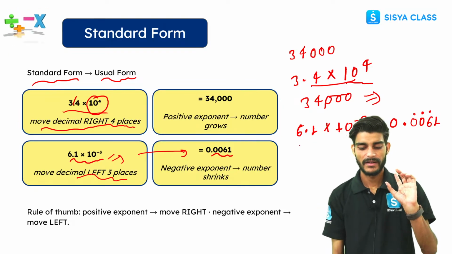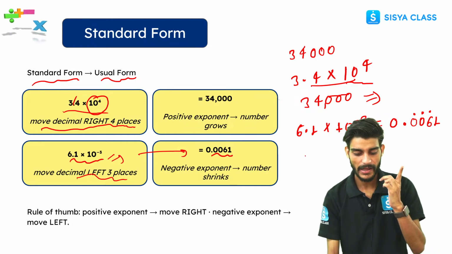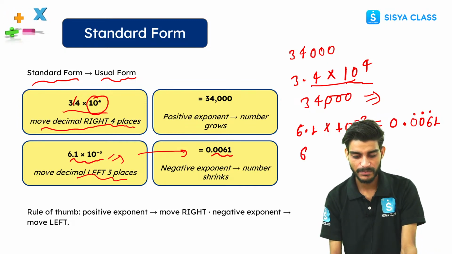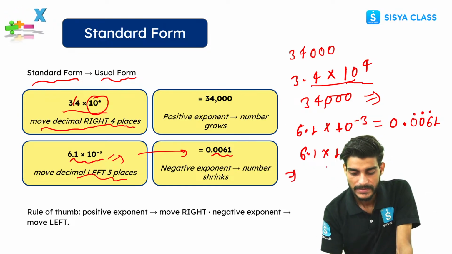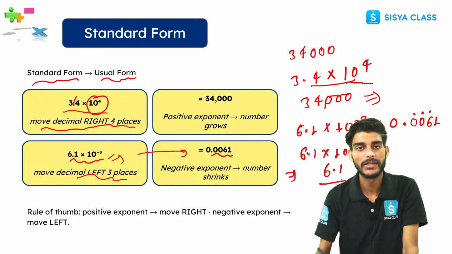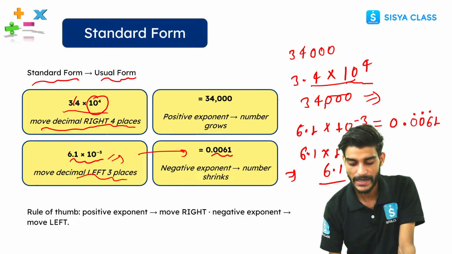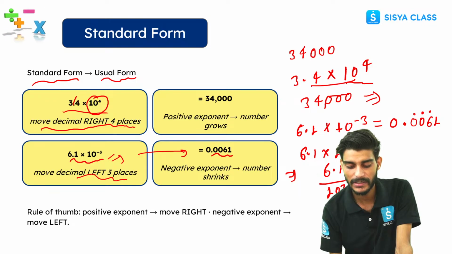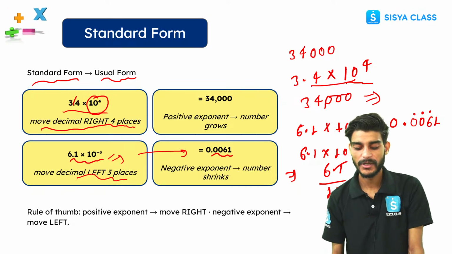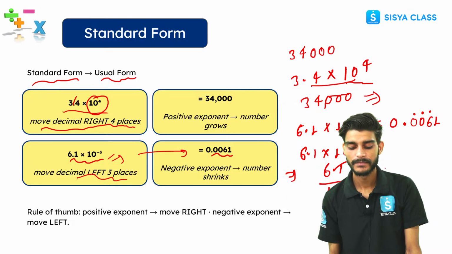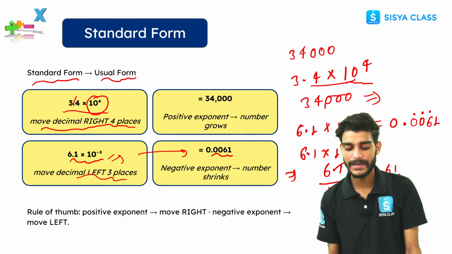Or, if I take 6.1 into 10 raised to the power minus 3, how to do this simply? One property you know: make the exponent positive. So for that, 10 raised to the power 3, that is positive. If you remove this decimal, it will be 61 divided by 10 raised to the power 4.